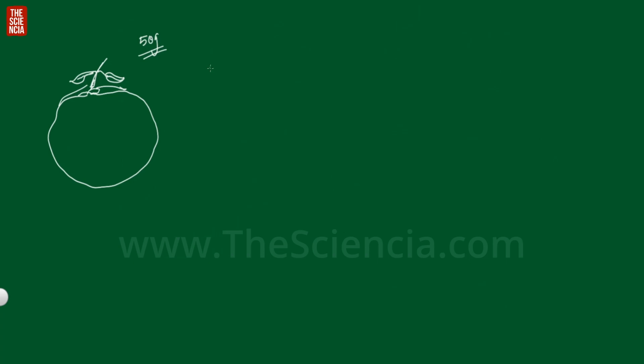And if it is in translational motion, like falling from a certain height to the ground, this mass is 50 grams. Even if it has a certain velocity, its mass will not change. Or if you are throwing this apple to somebody, in this motion also its mass is 50 grams itself.